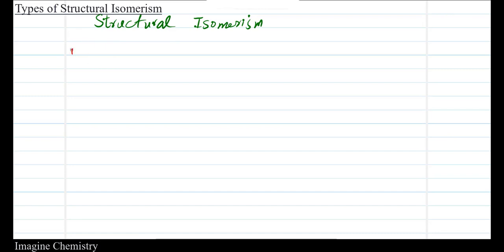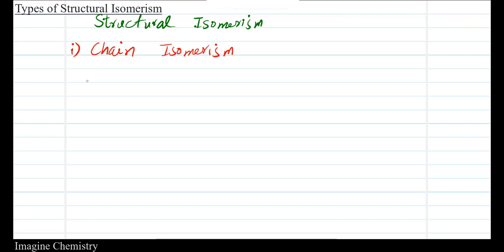So the first type I told you was chain isomerism. This chain isomerism can be defined as the type of isomerism that arises from the difference in the carbon skeleton of compounds.